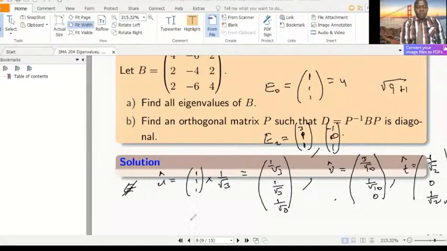So what is P? P, therefore, we just arrange these vectors as columns.